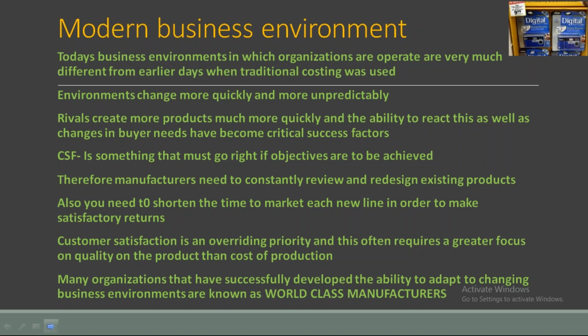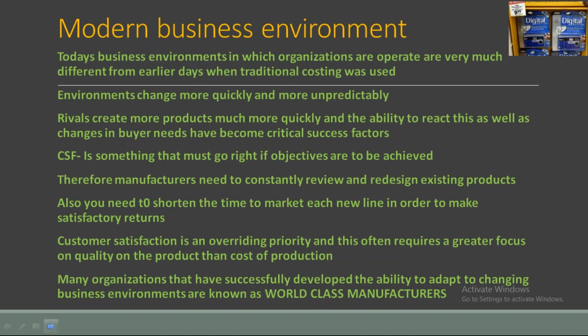Because of that, the critical success factor, or what the customer needs, can change all the time. Therefore we who are manufacturing goods and services need to constantly review and redesign our products accordingly.